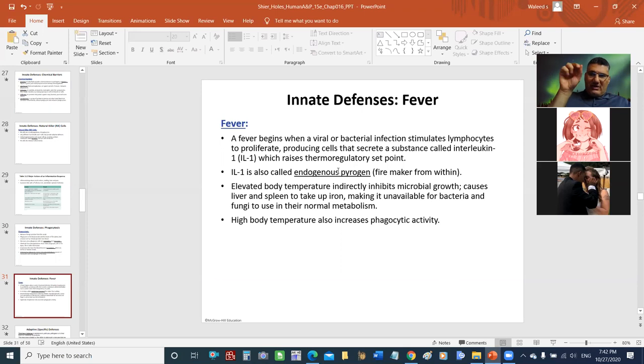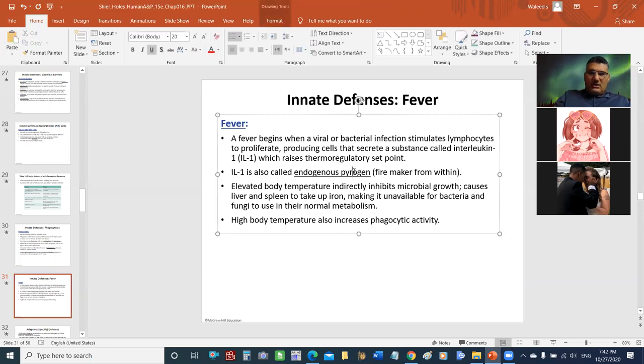Endogenous means from inside. Pyro means heat. Gen means generator. Pyrogen, heat generators. So interleukin-1 is a heat generator that comes from lymphocytes. Why do lymphocytes secrete it? Because they found a pathogen, bacteria or virus.